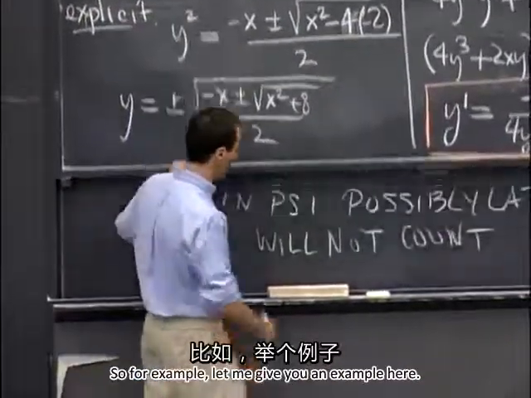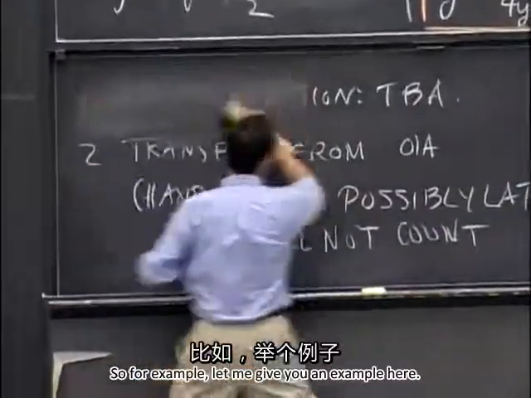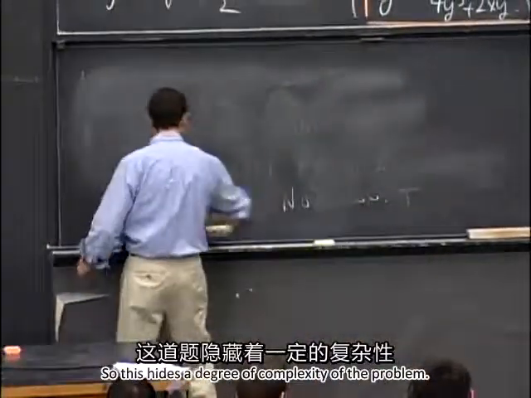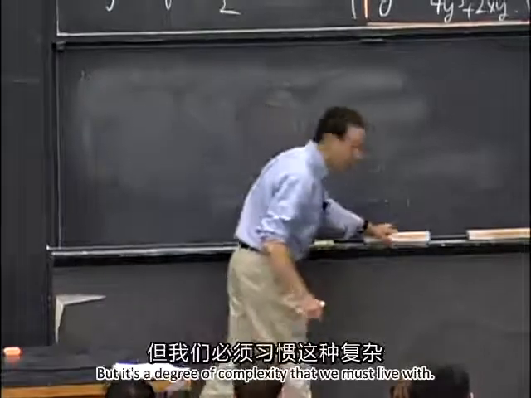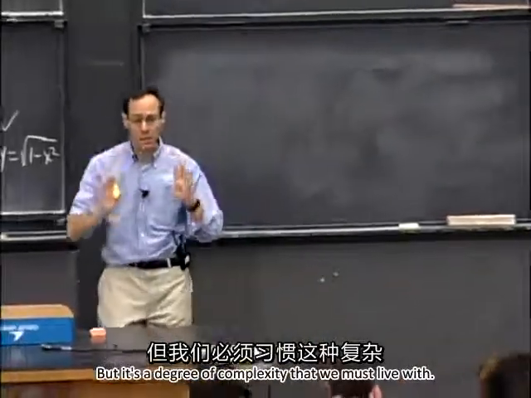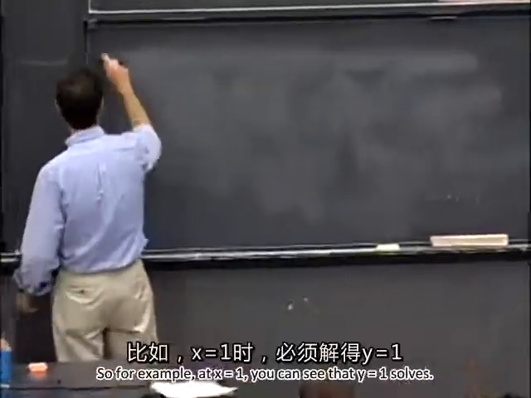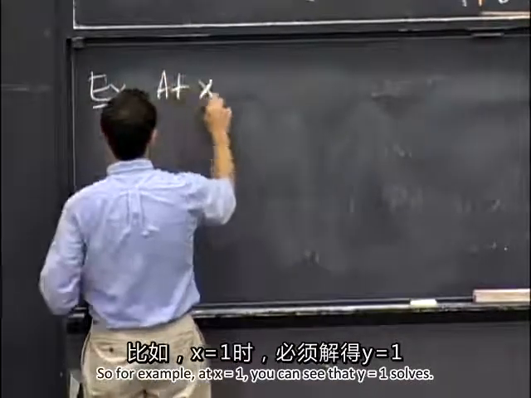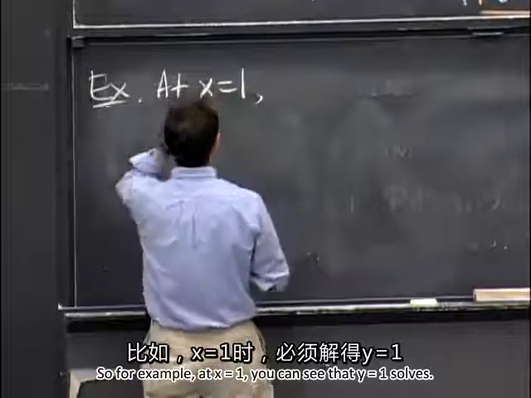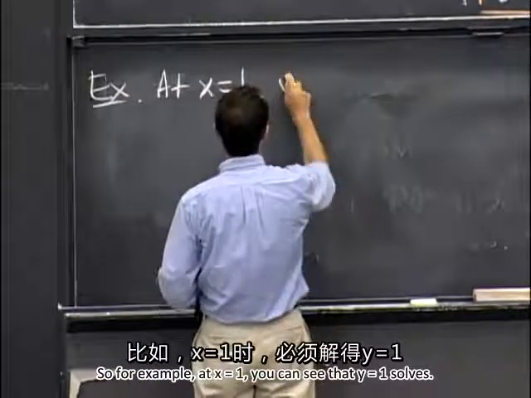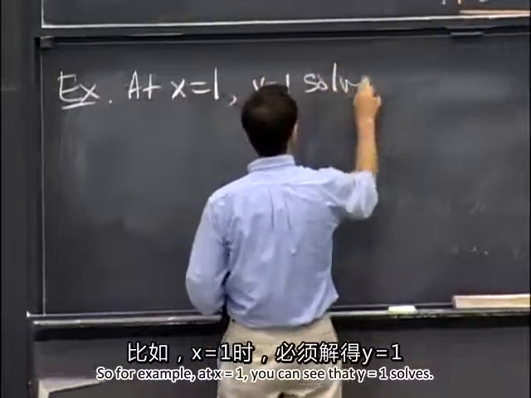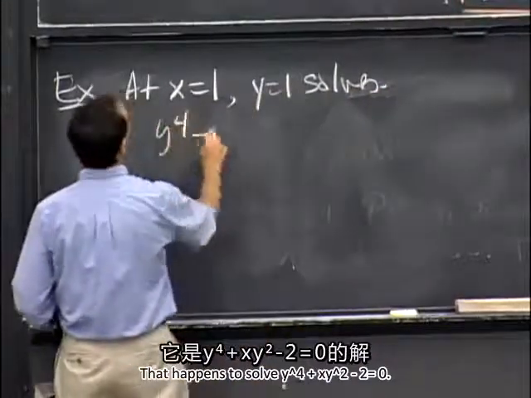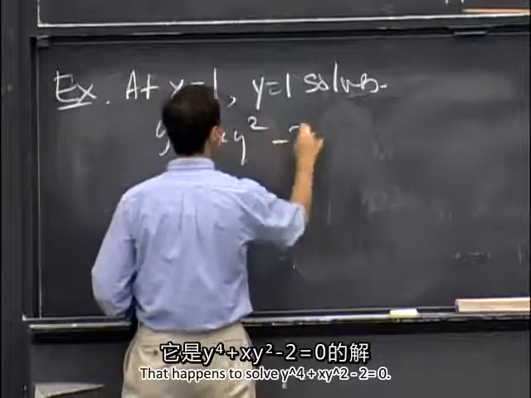So for example, well, let me give you an example here. This hides a degree of complexity of the problem, but it's a degree of complexity that we must live with here. So for example, at x equals 1, you can see that y equals 1 solves y to the 4th plus xy squared minus 2 is equal to 0.